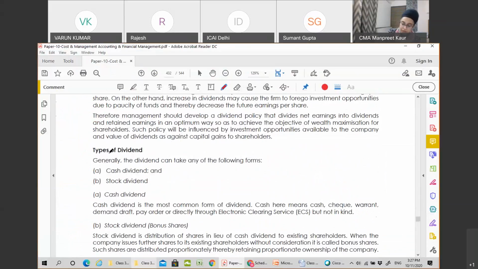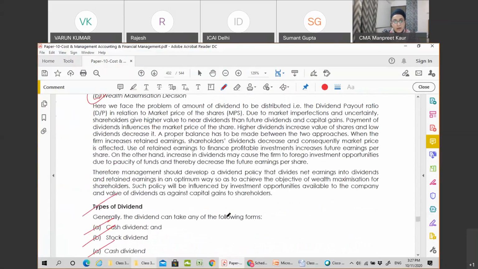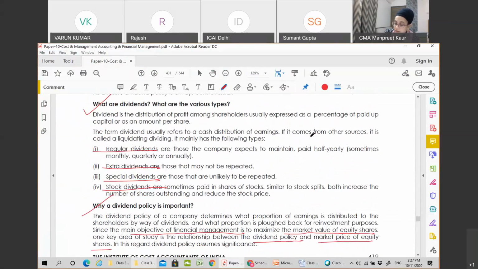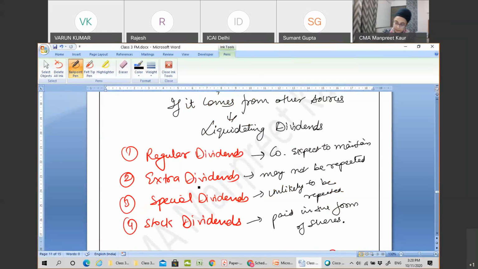Types of dividend. Dividend can be of two types: cash dividend and stock dividend. If it comes from other sources, it is called liquidating dividend.